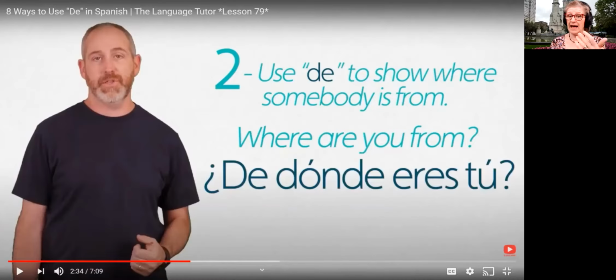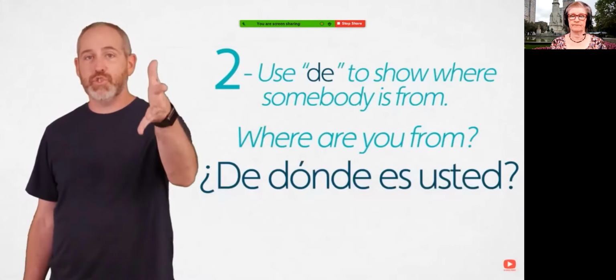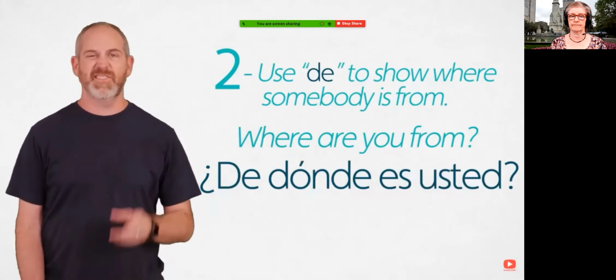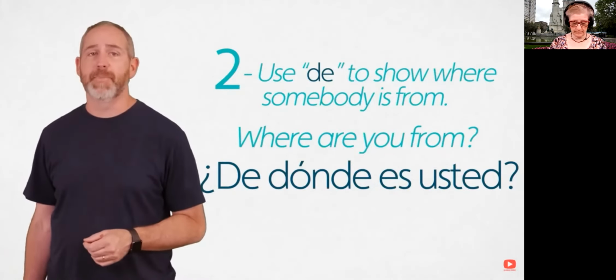A donde is going to be that movement thing. To where? De donde, from where. So when you're using it with donde, it's got to be in front of the donde to make that question. If I want to be respectful, ¿de dónde es usted? Okay, now this is just all review stuff, but that's one way we can also use de.